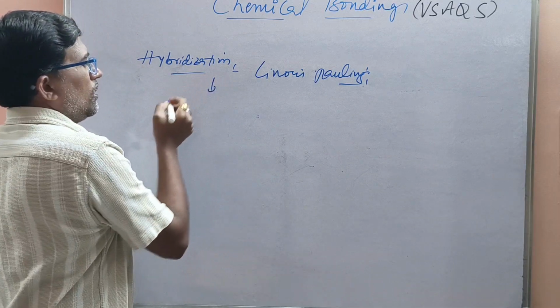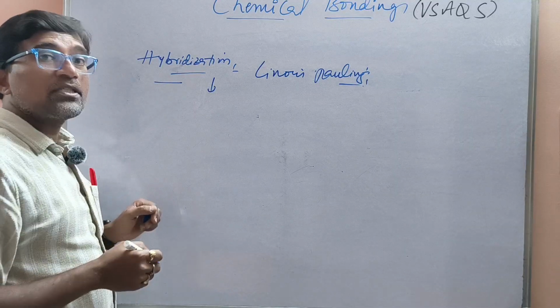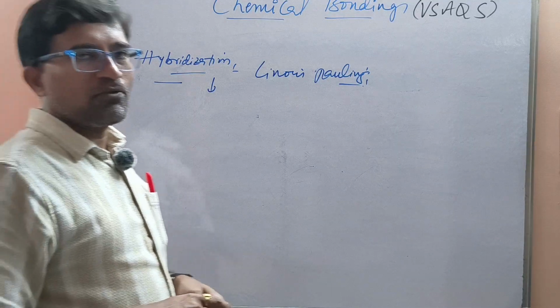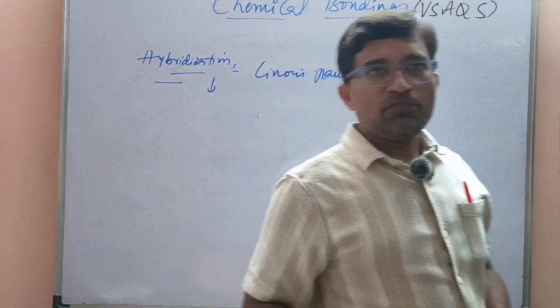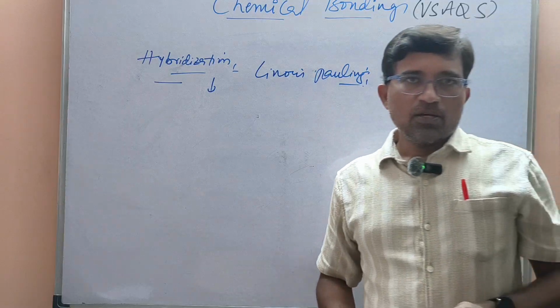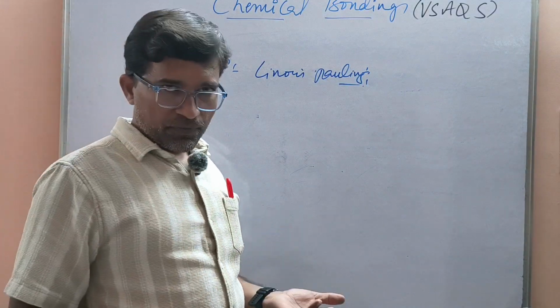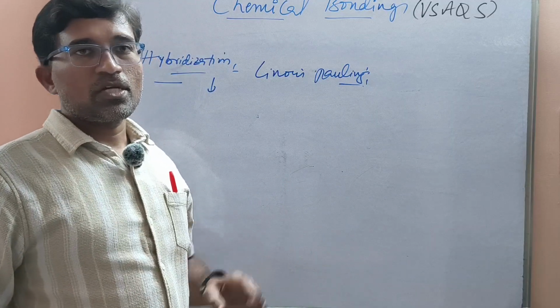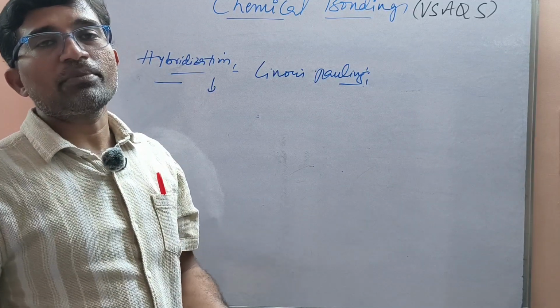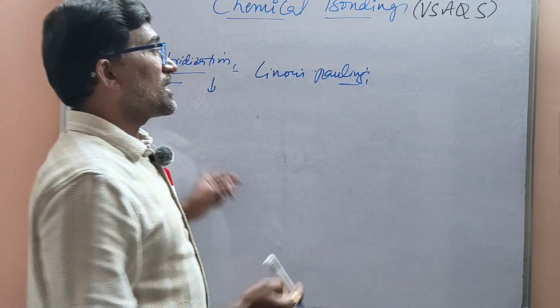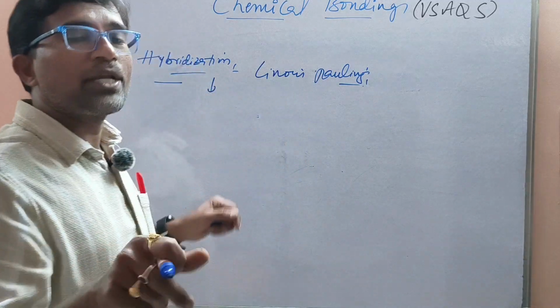So what does hybridization mean? The process of intermixing of different atomic orbitals having different energy, shape and orientations results in the formation of new hybridized orbitals having the same energy, shape and orientation.